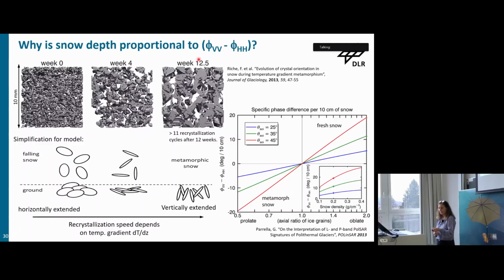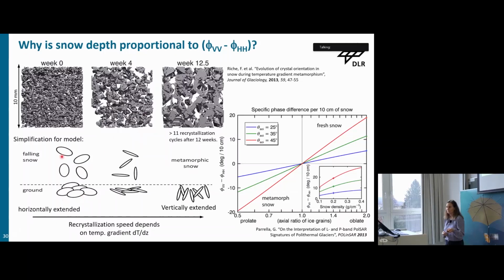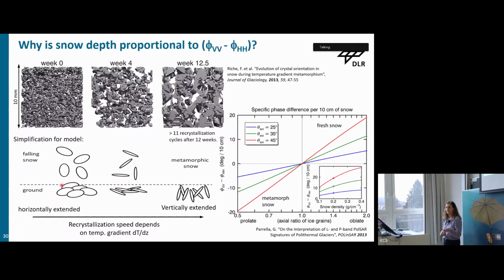What is happening actually is very difficult to see here, so here is a simplified model. In the beginning, you have very fluffy snowflakes falling to the ground, and they are layered here in one direction.